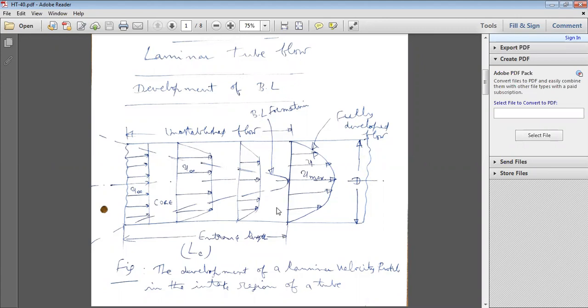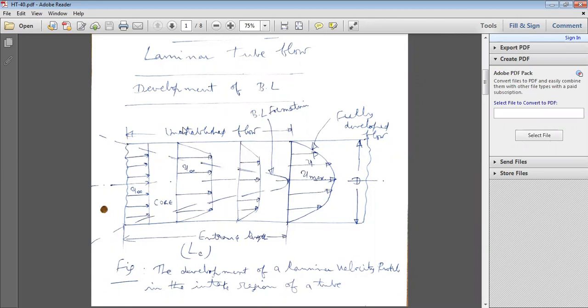Once the flow is established, it is known as fully developed flow, and the velocity profile is parabolic in nature. This is boundary layer formation.